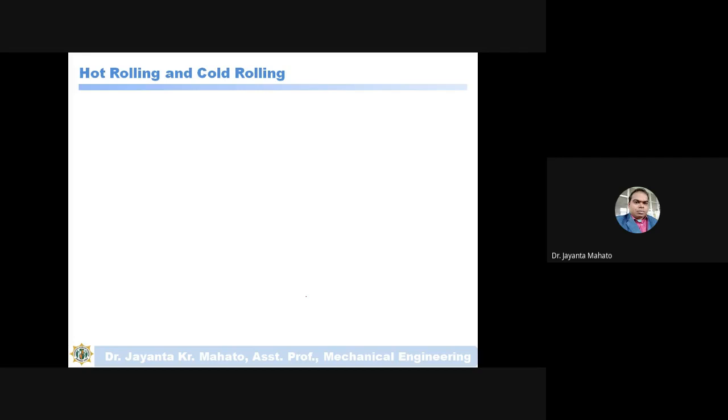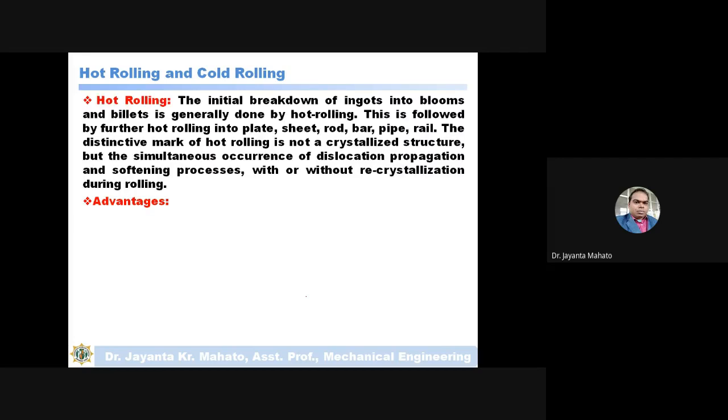When the rolling operation is performed between 0.5 to 0.75 of melting temperature, it is called the hot rolling process. And when rolling is performed at room temperature, it is called the cold rolling process. So hot rolling is performed above the recrystallization temperature, that is above 0.5 of the melting point of the material.